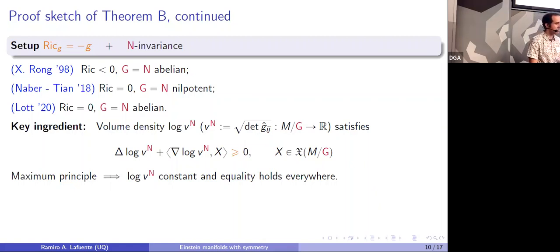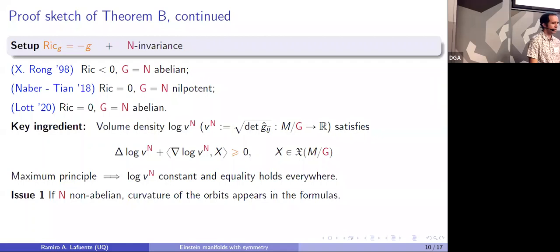So the idea is we try to do the same for our equation. Try to use this volume density, but there are two issues, and they are unfortunately very important. Namely, for us, N is not abelian. Therefore, in the vertical Einstein equation, the Ricci curvature of the orbits appears, and it hurts you. It's with the wrong sign, so to speak. In the abelian case, the orbits are flat because they are homogeneous spaces of an abelian Lie group.